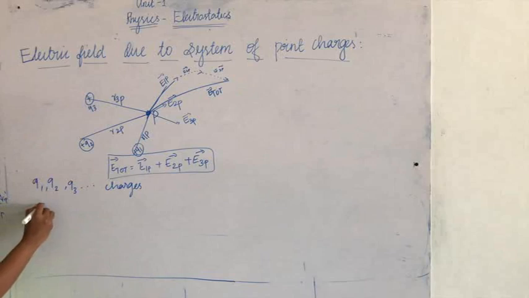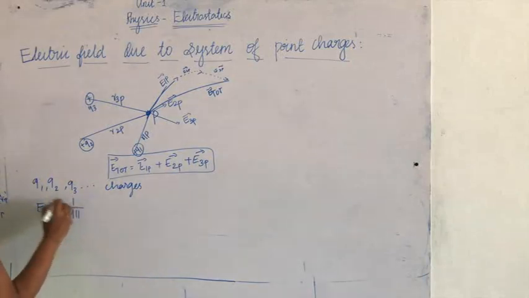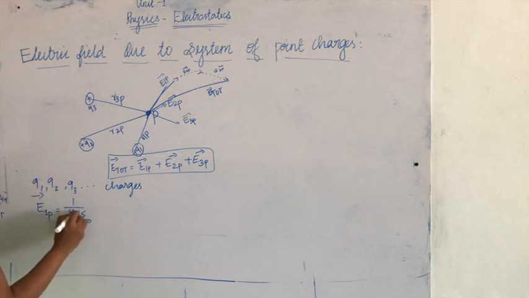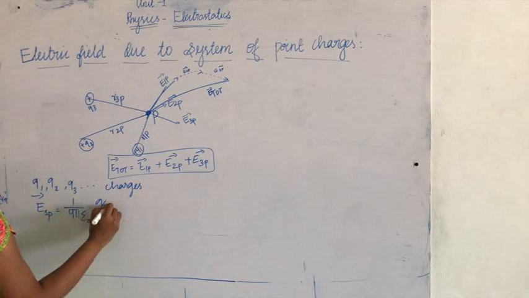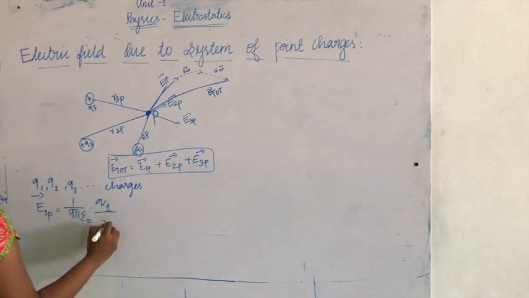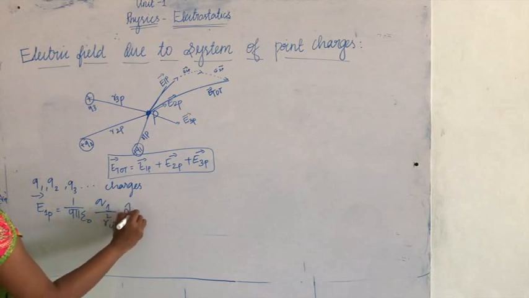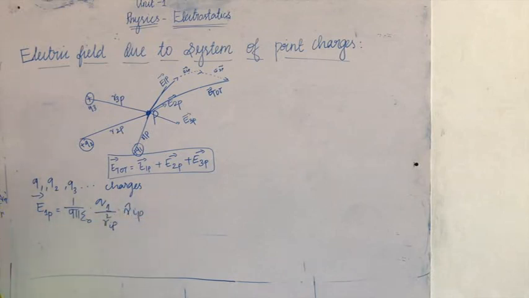Now what is E1P? Equal to 1 by 4 pi epsilon 0, Q1 by R1P whole square into R cap 1P. Okay, this is the E1P.